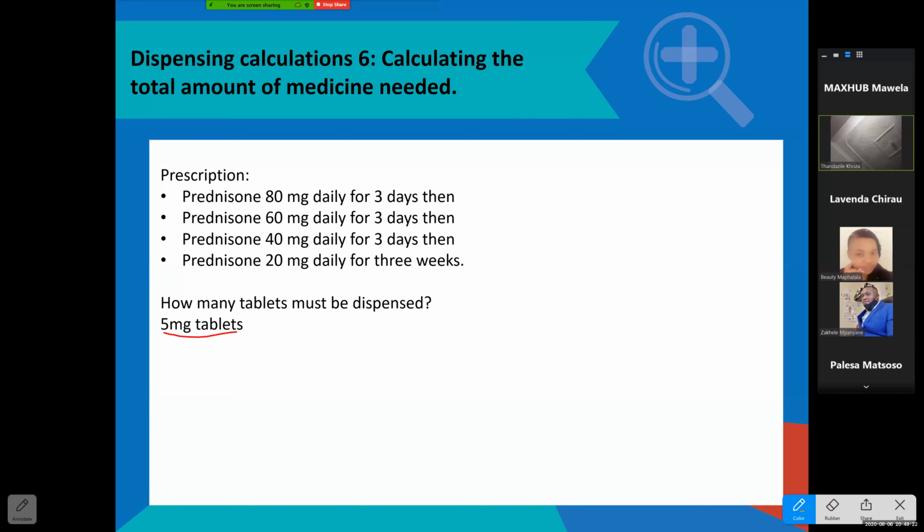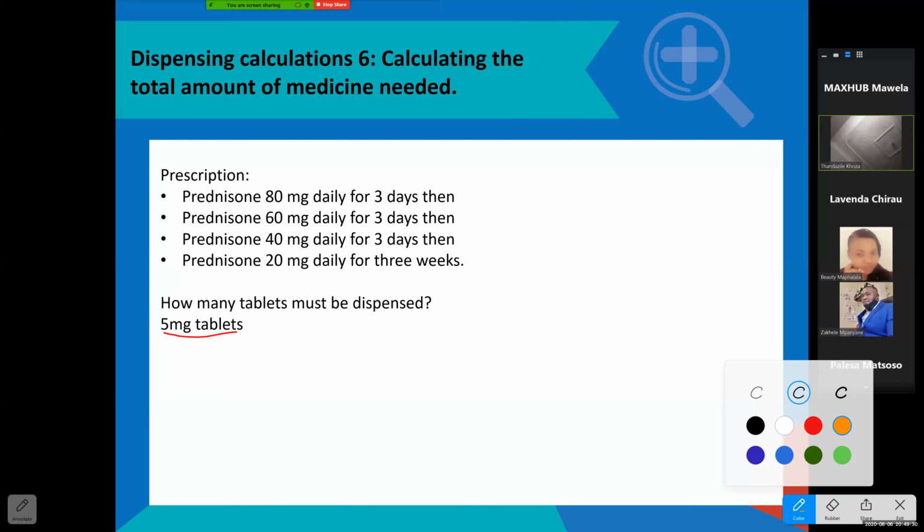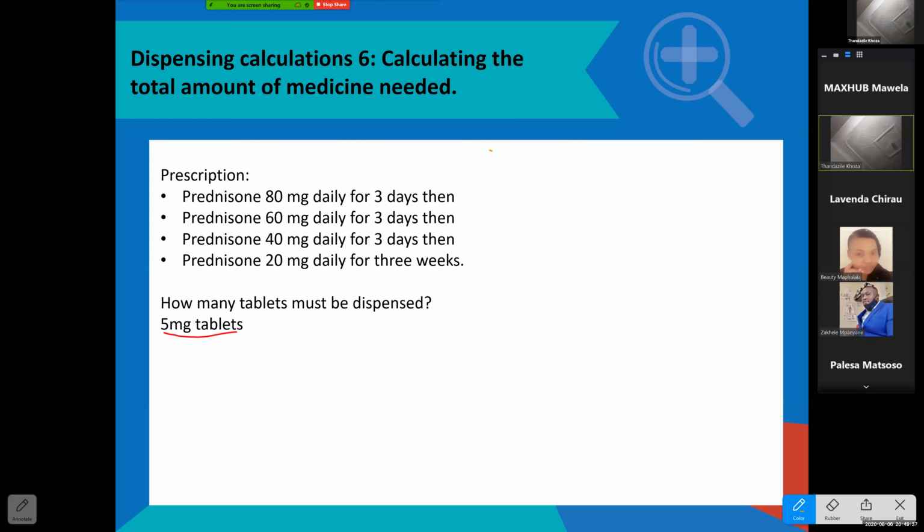So how do you do it? Remember we've got the 5 milligram tablet. So you start with 80 milligrams divided by 5.